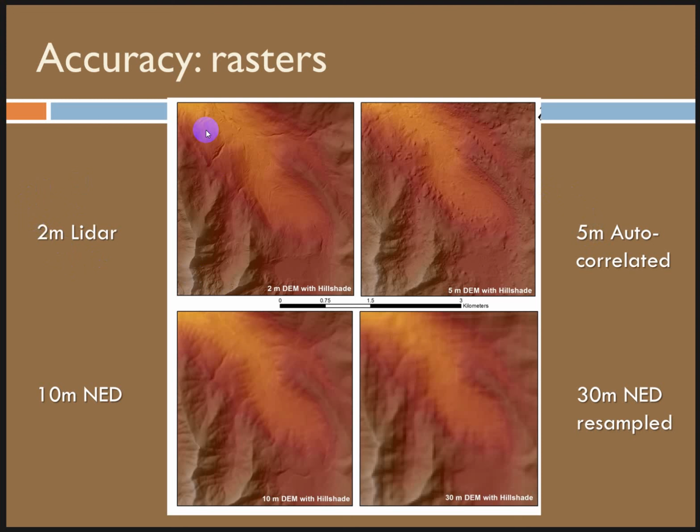So one thing to notice is that this ravine feature on the LiDAR, this is a 2-meter LiDAR data set. This is a 5-meter autocorrelated DEM. Autocorrelated in this instance, this is created from using stereoscopes to look at 3D leaf-on NAIP imagery.